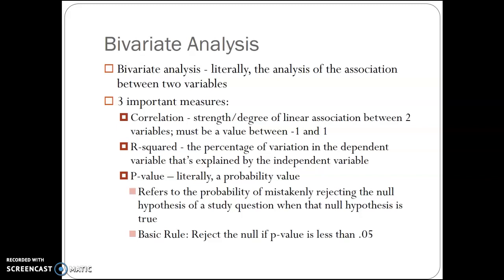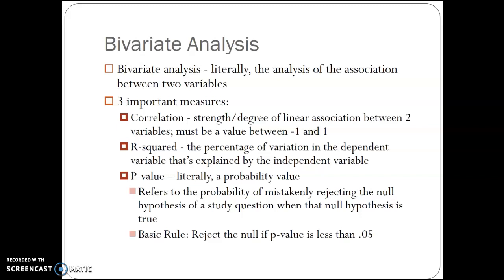Most important for our purposes today is something called the p-value, p standing for probability. Literally, it's a probability value. Essentially, the p-value is the probability of making a mistake as a researcher.